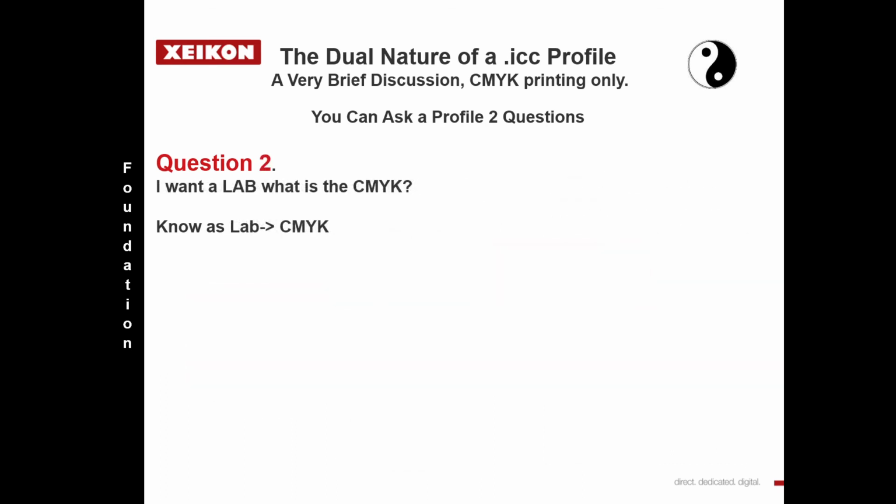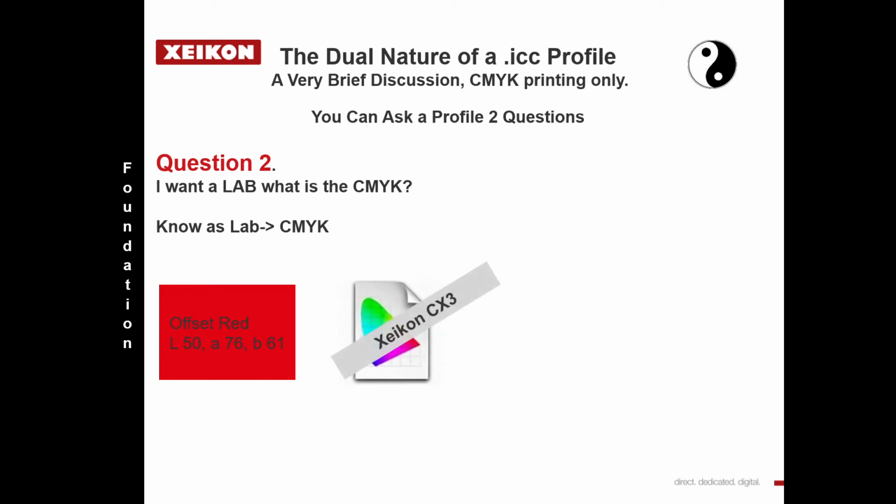Now question 2 is the reverse. I know the LAB I want, but what CMYK recipe do I need to use on my device to make that happen? So I want this offset red, and I want to see it on my Xeikon.